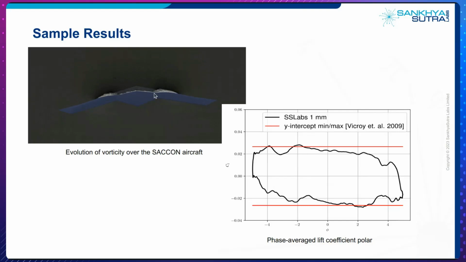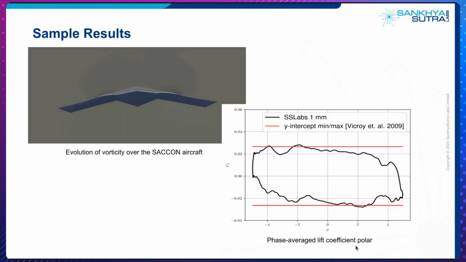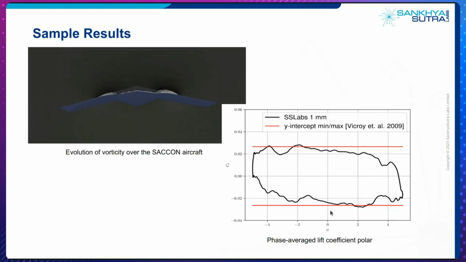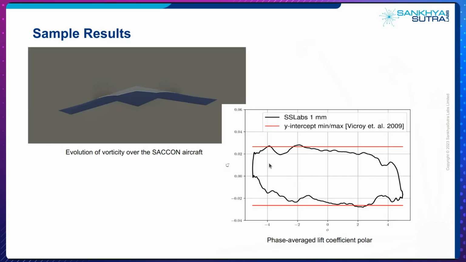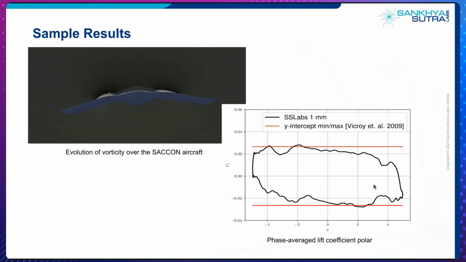You'll see that there's some flow detachment here. This graph here shows you the lift polar, and this is phase averaged. Why we do phase averaging is we want to average over the same instant at each cycle, so we have a proper representation of how the average behavior is at that point.